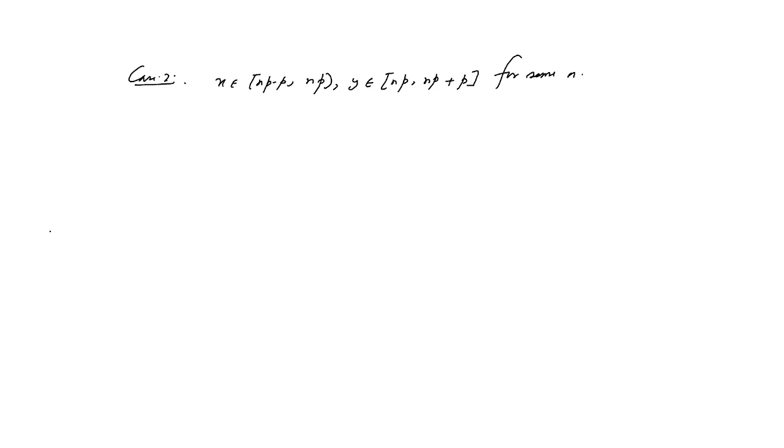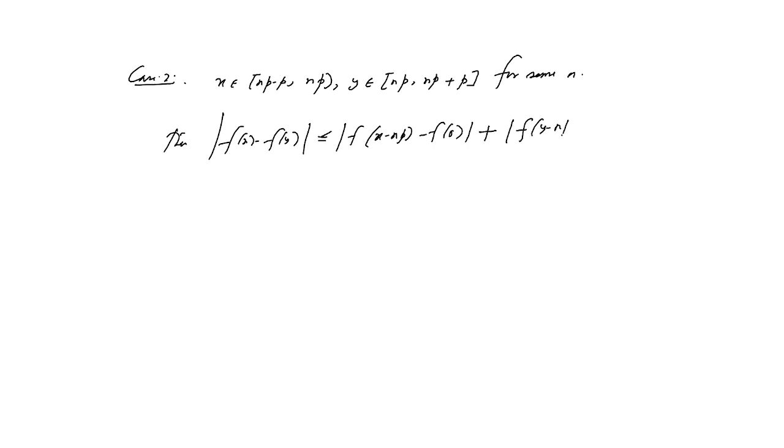Then we can prove that |f(x) − f(y)| is less than or equal to |f(x − np) − f(0)| + |f(y − np) − f(0)|. So this will be epsilon by 2 plus epsilon by 2 equals epsilon.